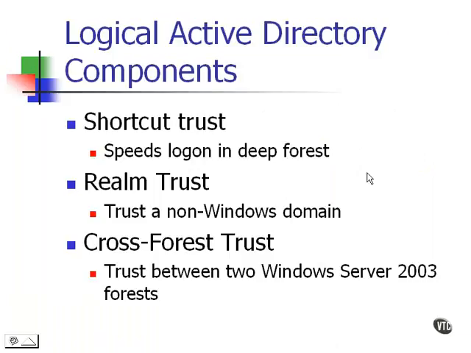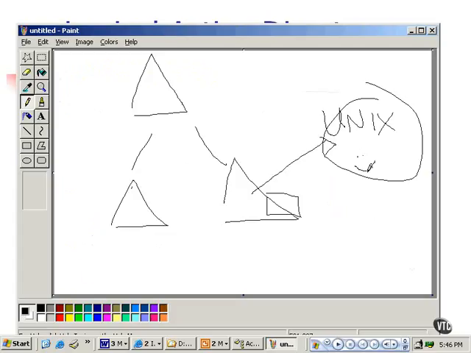Finally, a cross-forest trust. This is new to Windows Server 2003, so again, something that you might want to especially take note of. In fact, so are realm trusts, by the way. But a cross-forest trust is a trust relationship that you can create between two forests. So what this might look like is that if you have two separate forests, and here's forest 1.